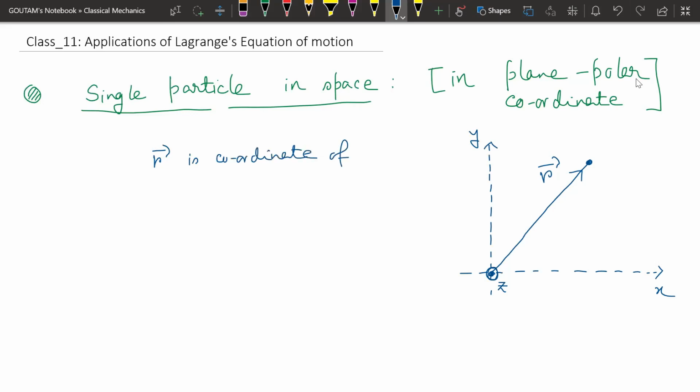Mod of r is r, and the angle it makes with the x-axis is called theta.